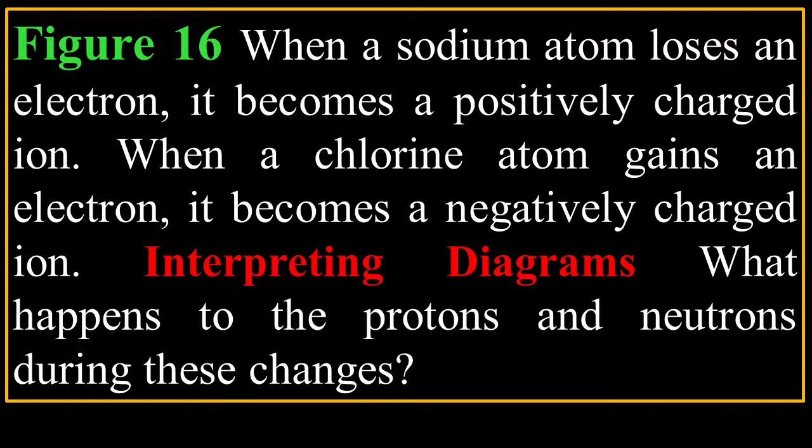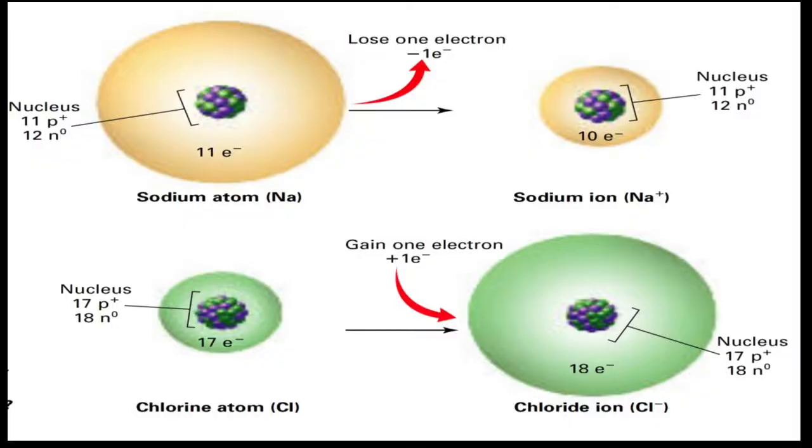Interpreting diagrams. What happens to the protons and neutrons during these changes? Is there anything that happens? Here is an example: you lose an electron and you're going to be positive. That's a sodium.